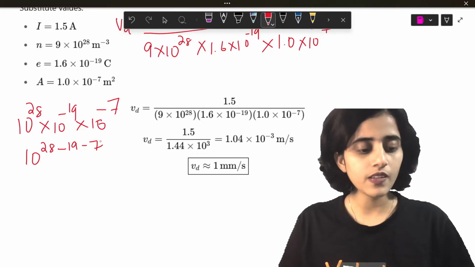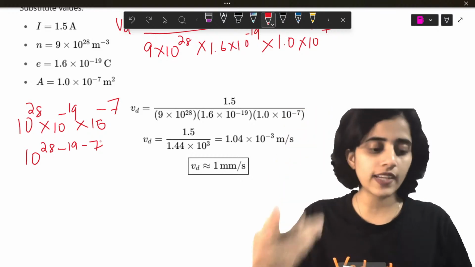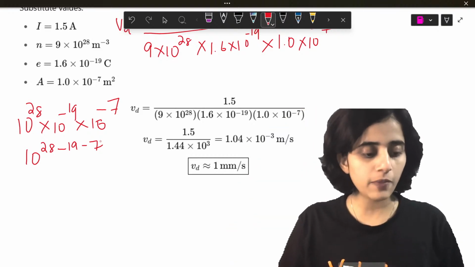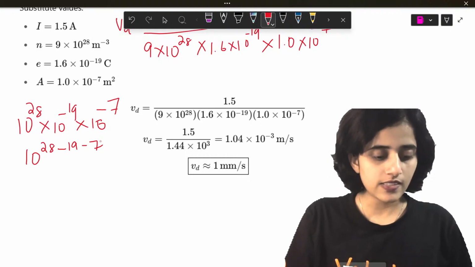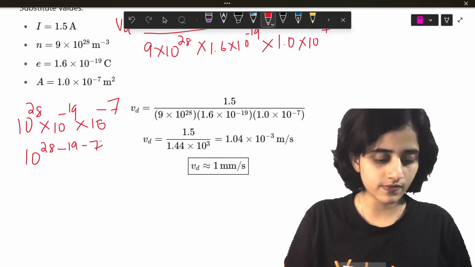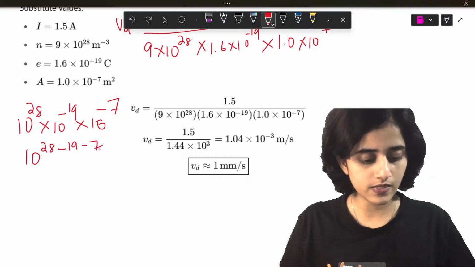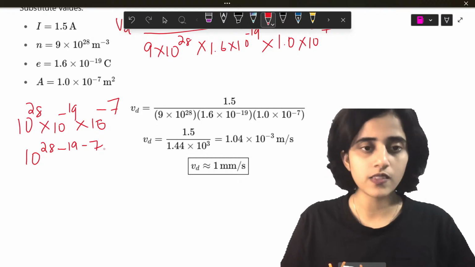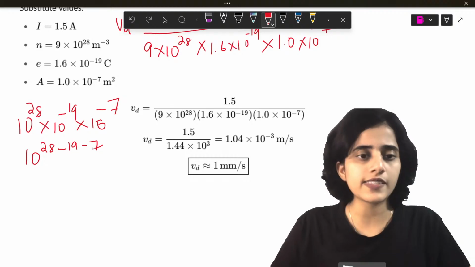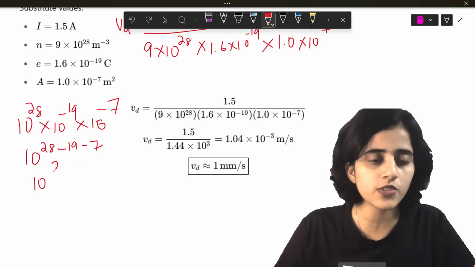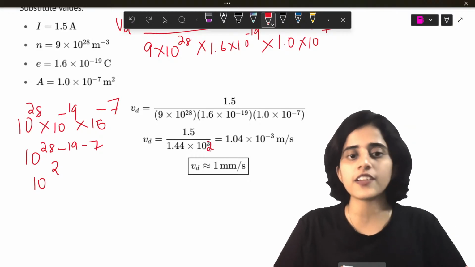When you multiply, a raised to m into a raised to n is a raised to m plus n. So 28 minus 19 minus 7, this would be 10 raised to 2, right? There's a small correction here. This is 10 raised to 2.